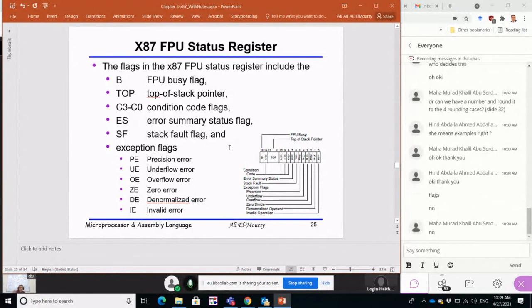No, definitely not. Floating point numbers take a longer time, more cycles to perform compared to integers. The floating point unit is much more complex and takes much more time to execute.